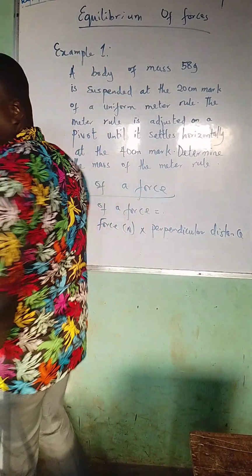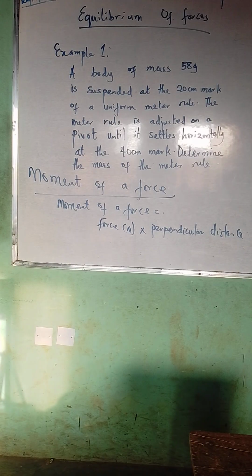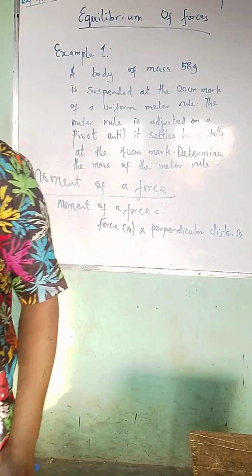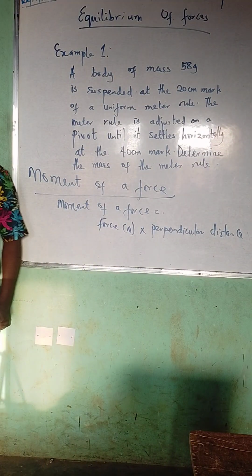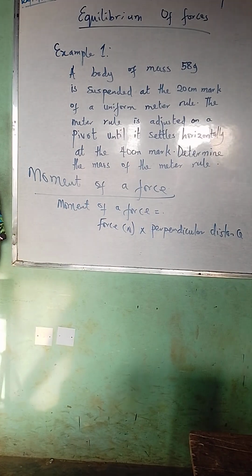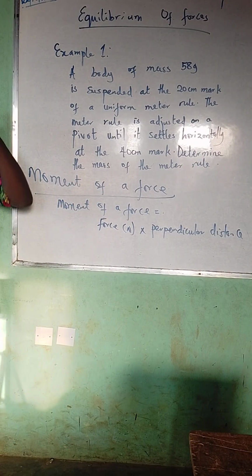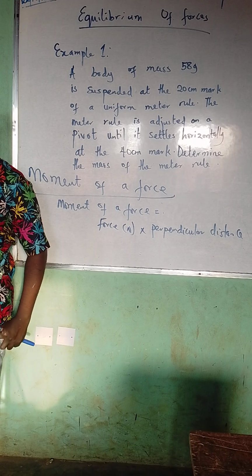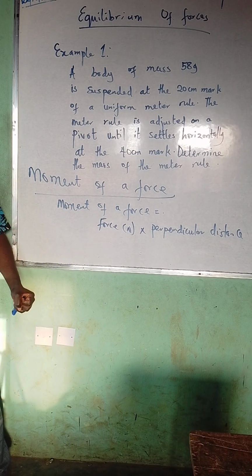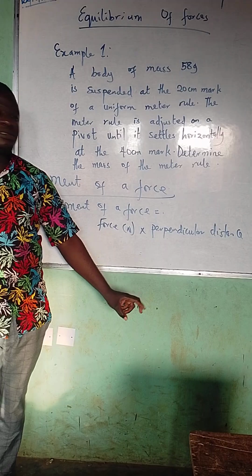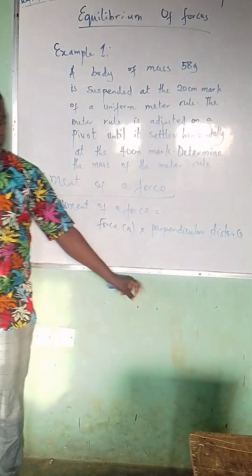The principle of moment states that when a body is in equilibrium, the sum of the anticlockwise moment about any point is equal to the sum of the clockwise moment about the same point. About what? The same point.